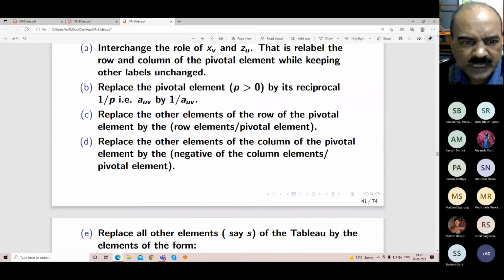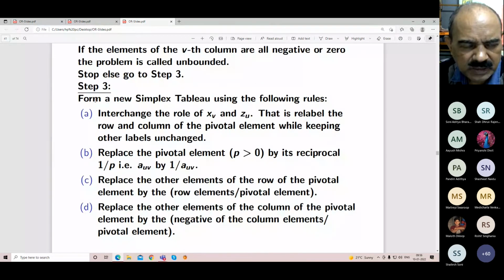Step 3A: interchange the role of basic variable and non-basic variable, that is, relabel the row and column of the key element, keeping other labels unchanged. Then step 3B. What is step 3B? Replace the key element or the pivotal element by its reciprocal.